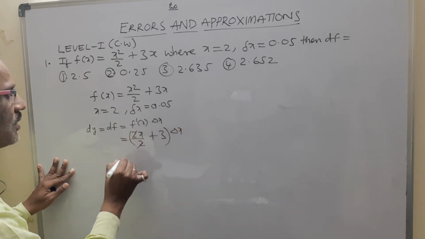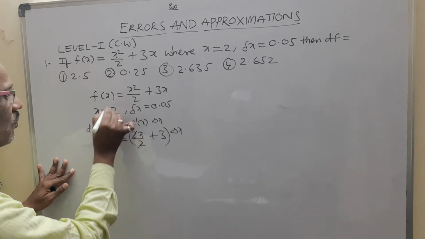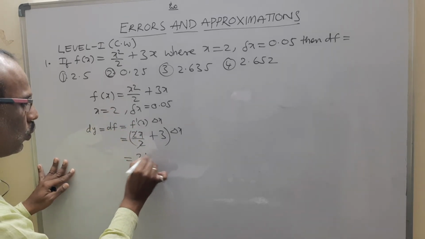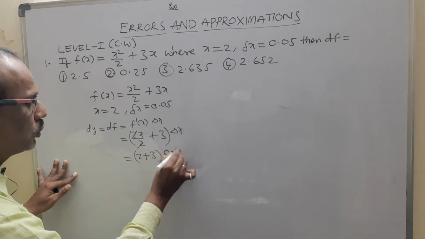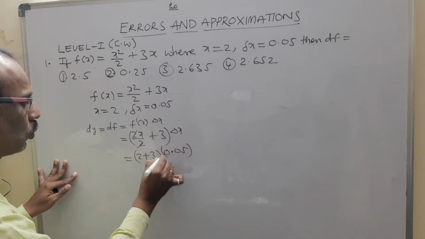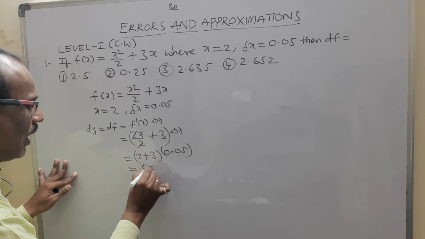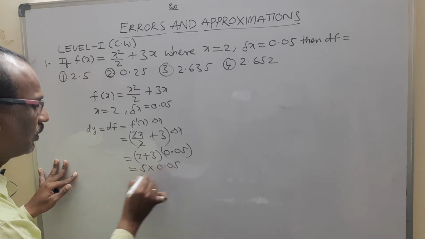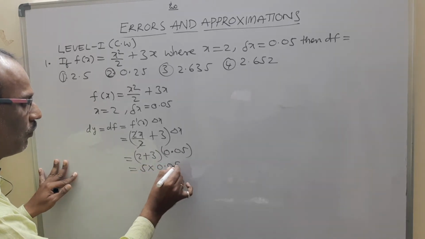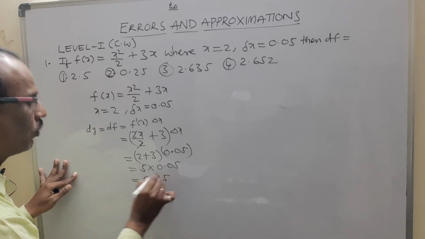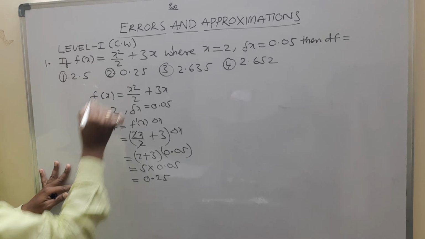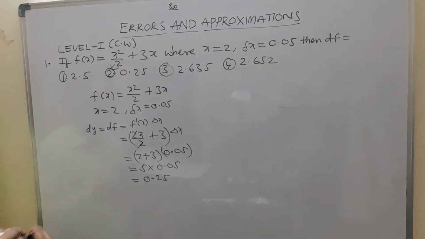The 2 gets cancelled: x plus 3, the x value is 2, so 2 plus 3, and delta x is 0.05. 2 plus 3 is 5. 5 into 0.05: 5 into 5 is 25. The answer is 0.25. The second option is correct.